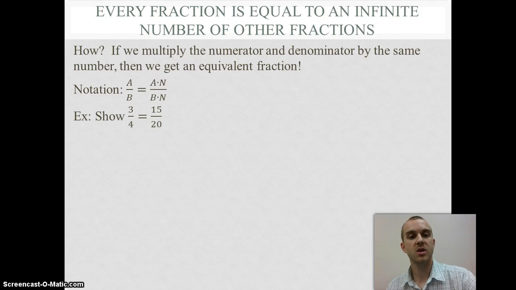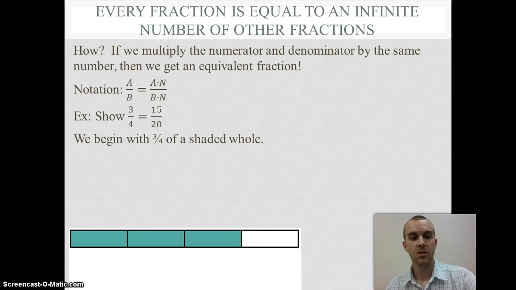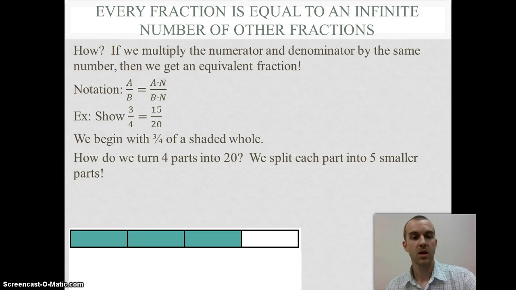Now, even when we talk about just understanding fractions, we have to recognize that any single fraction has an infinite number of equivalent fractions that we can create. That's somewhat of a complex idea for students as well, but it's a necessary one for them to be able to add and subtract fractions. So this notion that we can change 3/4 into 15/20 is quite complex. But if we think about it, we start with 3/4 of a shaded whole. And we say, how could we turn our 4 parts of the whole into 20 parts?